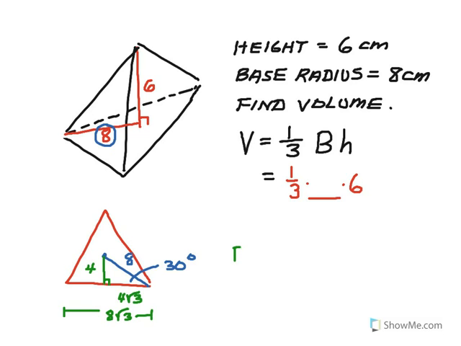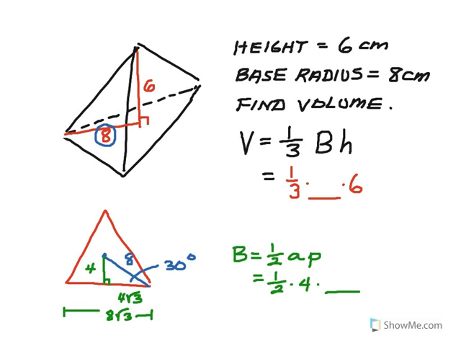So to find the base area, I can use 1/2 the apothem times the perimeter, and I'm just looking at the area of this triangle. So it's going to be 1/2 the apothem of 4 times the perimeter.